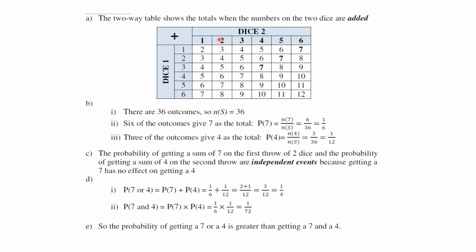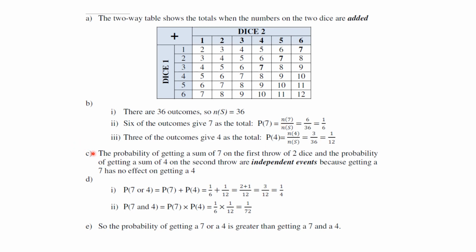It's proven by this table, and 6 of the outcomes will give you 7, so you can check here: 1, 2, 3, 4, 5, 6. There are 6 possible outcomes of getting a total of 7. So the probability is 6 out of 36, which you can simplify to 1 out of 6.